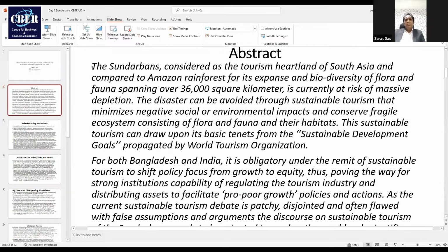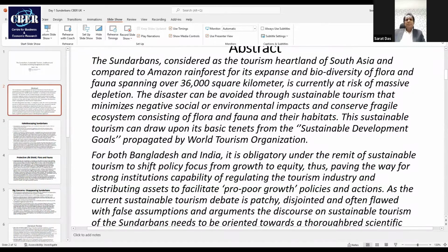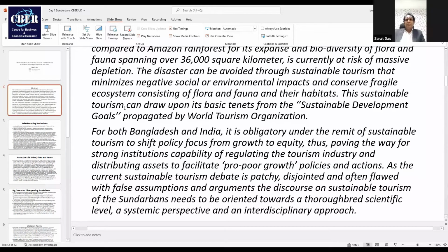But what I'm trying to deal with is that if Sundarban has to be a sustainable tourism project, at the same time countries like India and Bangladesh are still dealing with poverty at a very large scale. So how will sustainable tourism and the poverty alleviation programs of these countries be able to interact with each other?